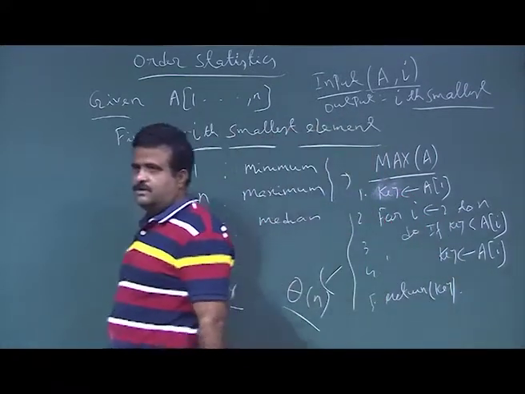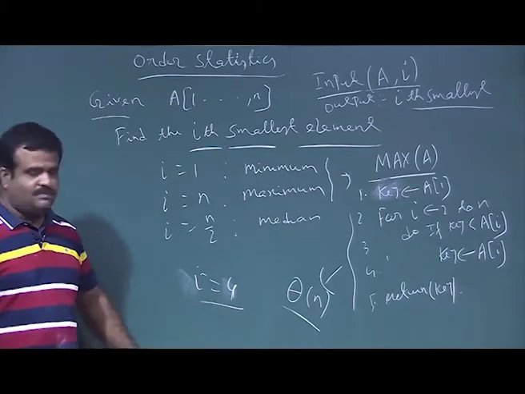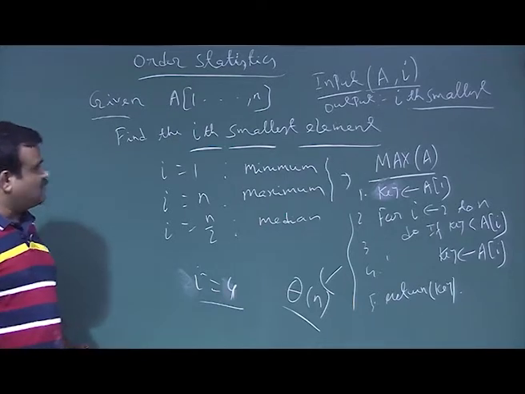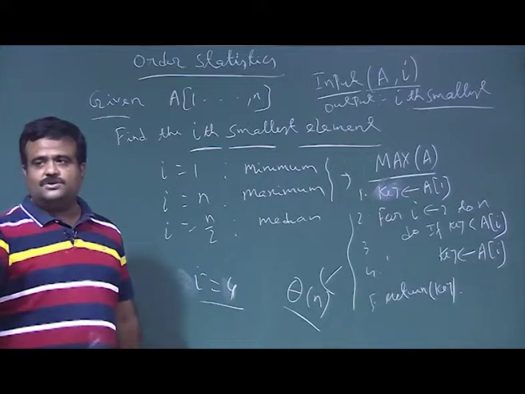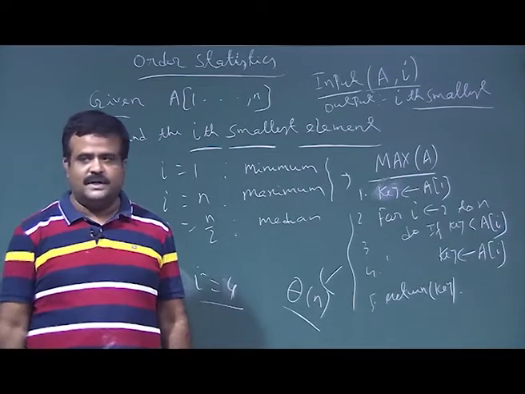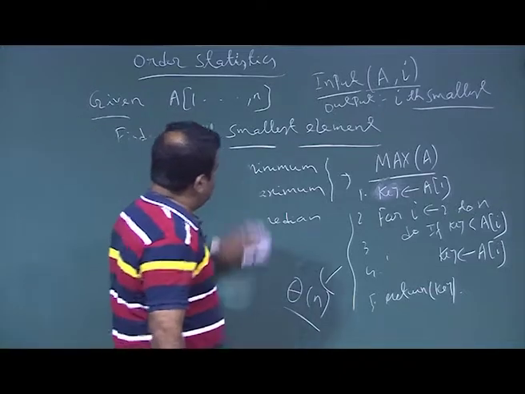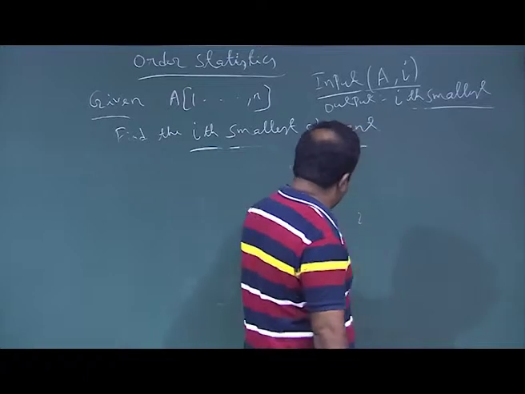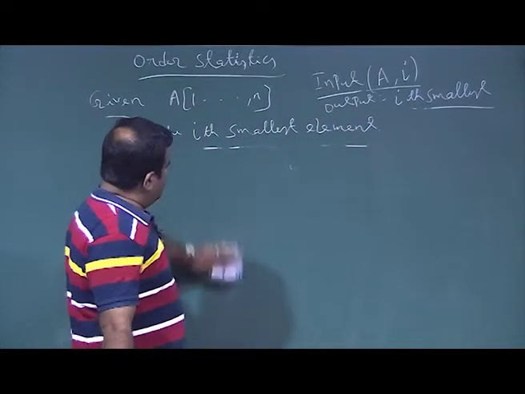So how can we solve this problem in general, for any i? The naive approach is to sort these numbers, go to the ith position, and return that value. That is the naive approach. We can sort this array using any sorting algorithm.